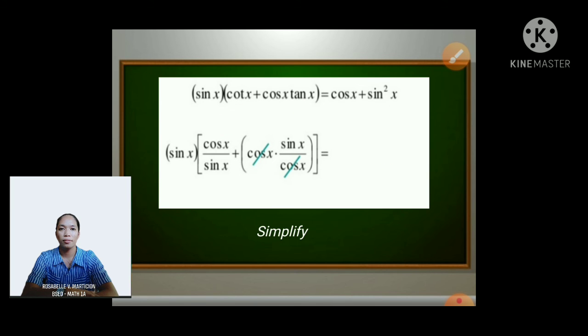After that, sin x multiplied by cos x over sin x plus cos x times sin x over cos x. Simplify: cancel out cos x.